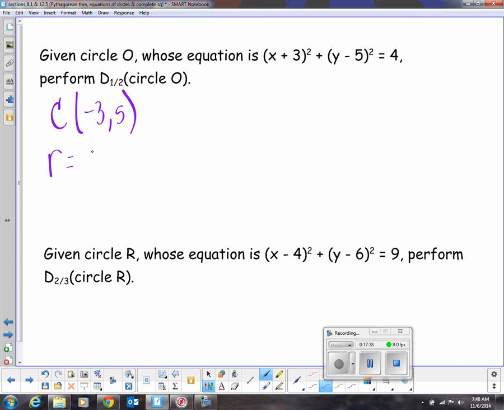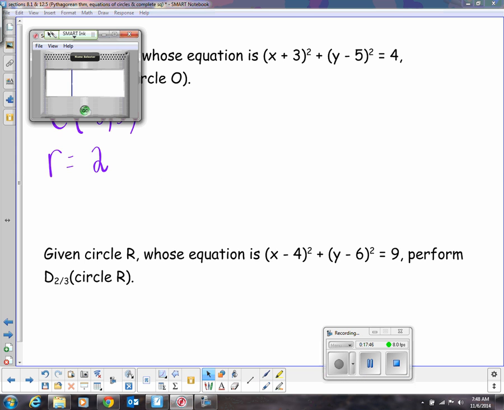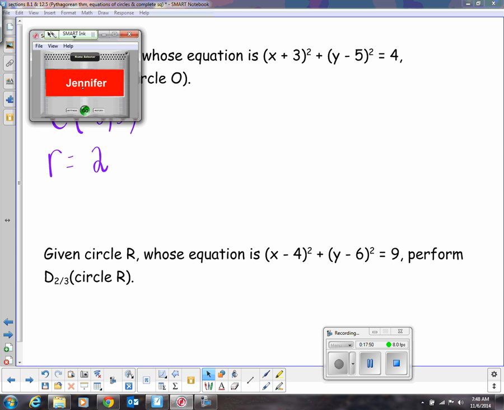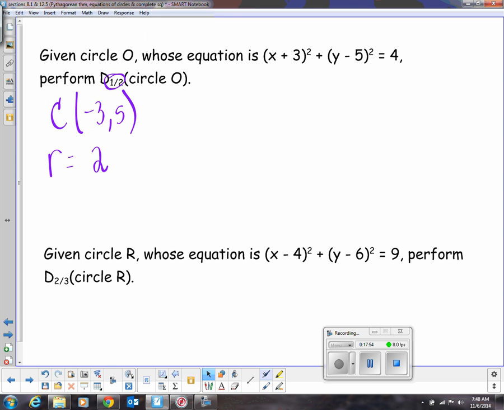What's square root of 4? 2. All right. So, what am I supposed to do? Is this going to be an enlargement or a reduction? This goes to Jennifer, who's not here. Enlargement or reduction? Harper? It's a reduction.